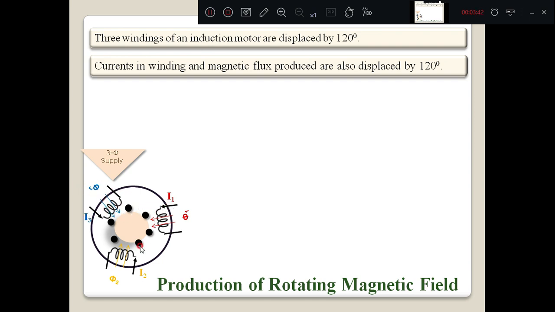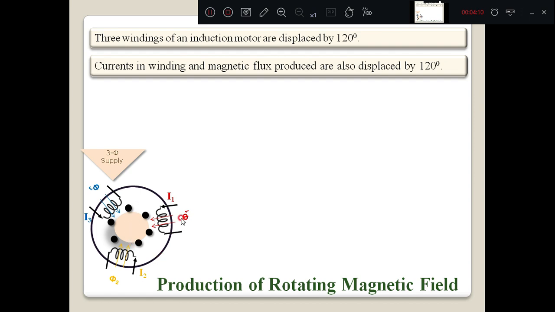I1 is the reference current, then I2 is lagging I1 by an angle of 120 degrees, and I3 is lagging I2 by an angle of 120 degrees. Similarly, the flux phi1 is a reference, then phi2 is lagging phi1 by 120 degrees and phi3 is lagging phi2 by 120 degrees, or phi3 is lagging phi1 by 240 degrees.